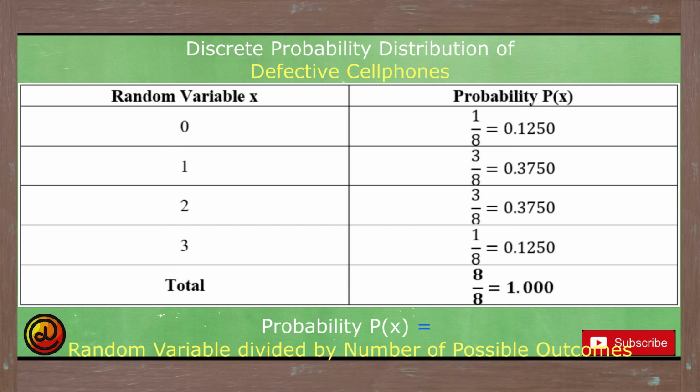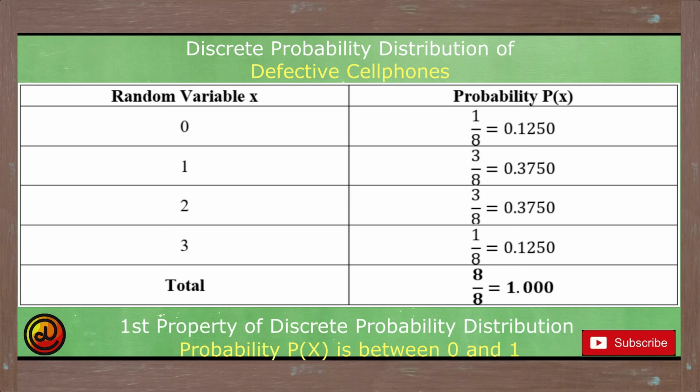And lastly, the random variable 3, since this is the same as the random variable 0, the probability is 1 over 8, equivalent to 0.1250. The total of the probability is 8 over 8, which is equal to 1.000.